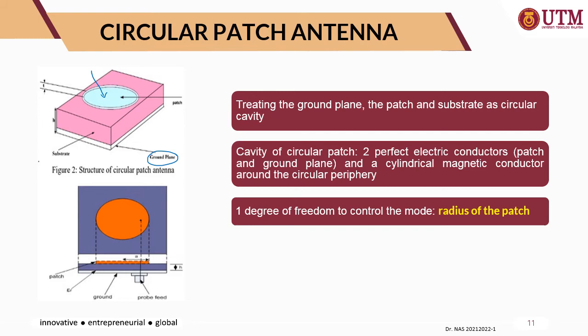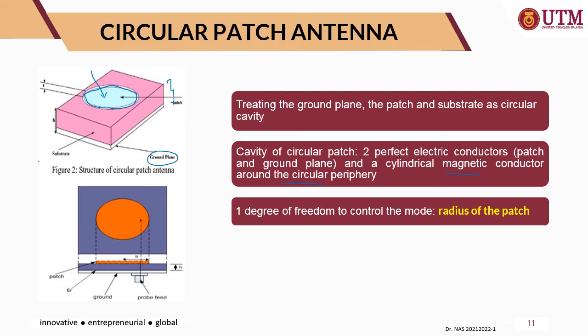And a cylindrical magnetic conductor around the circular periphery. The perimeter of the circle is surrounded by a cylindrical magnetic conductor, and both layers, the top patch and the ground plane, are separated by a substrate material.